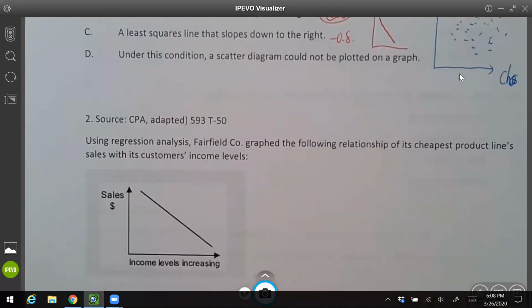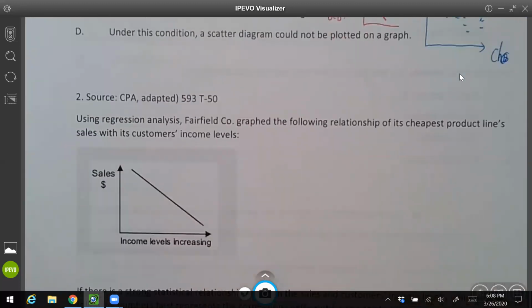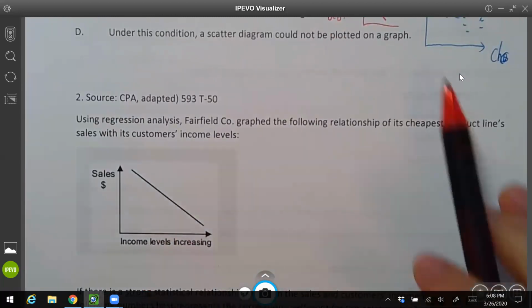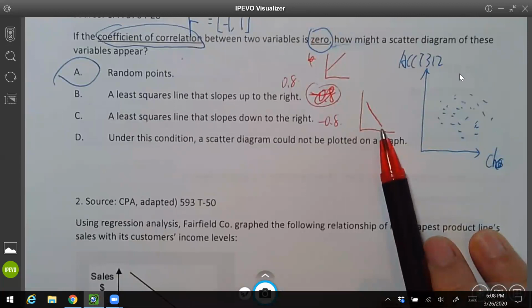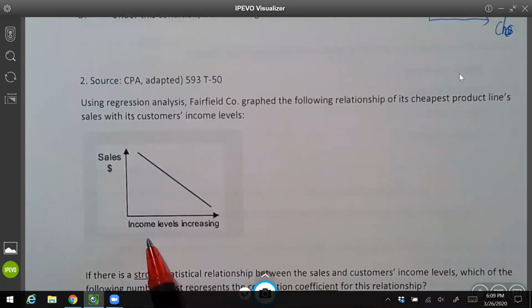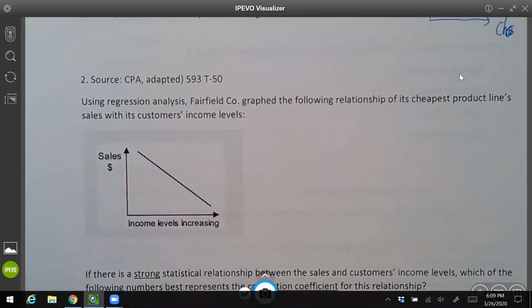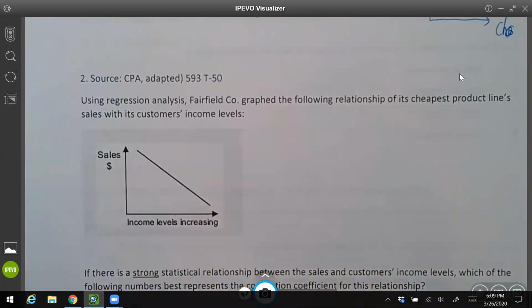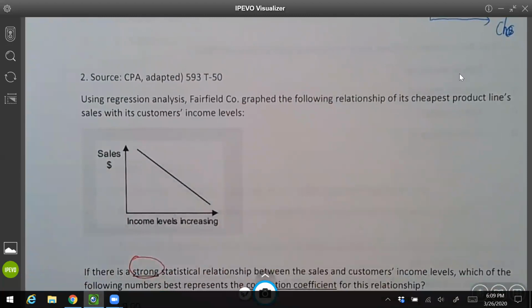Question 2, CPA question. It's strongly negatively correlated: as income level increases, sales decrease, so you can find out that it's a negative relation. So what will be the correlation coefficient?